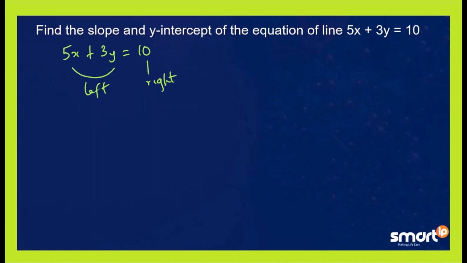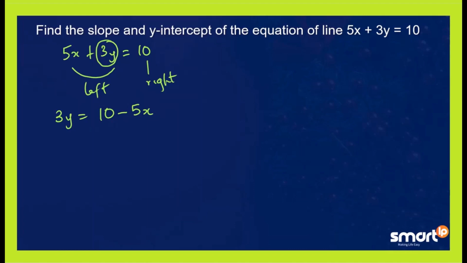Since we are going to make y the subject of the formula, this is where we have the y, which is 3y together. We will move the 5x to the right hand side, and so we have something like this: 3y equals 10. 5x is positive on the left. If it goes to the right, it becomes negative 5x. So we have minus 5x. Okay, good. Now the next thing we need to do is eliminate the 3 that is beside our y. 3y simply means 3 times y.